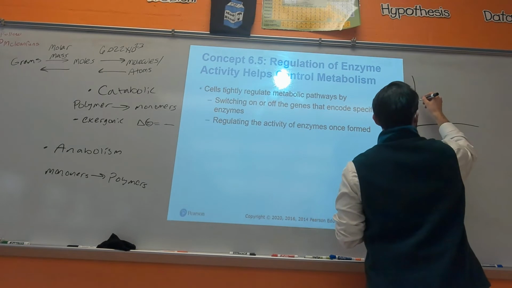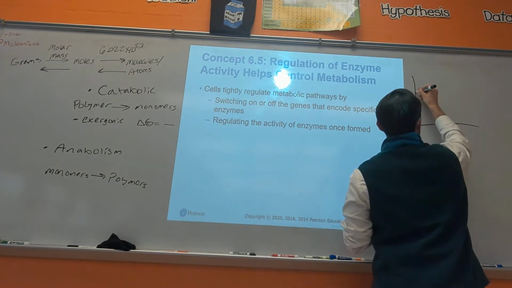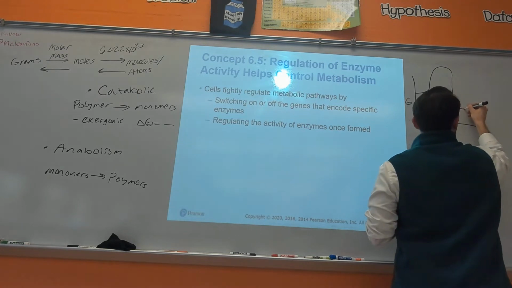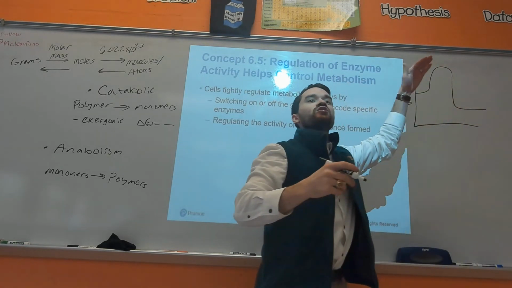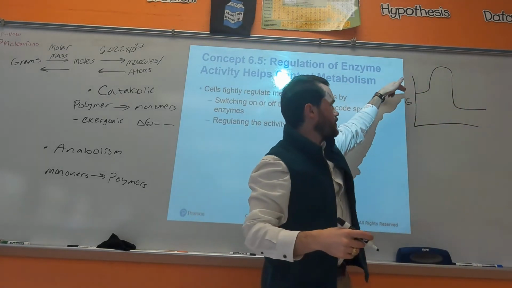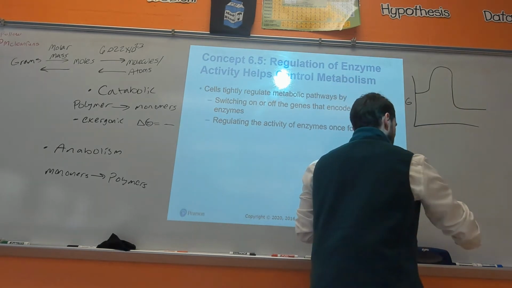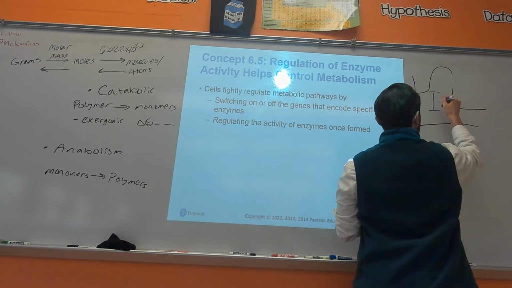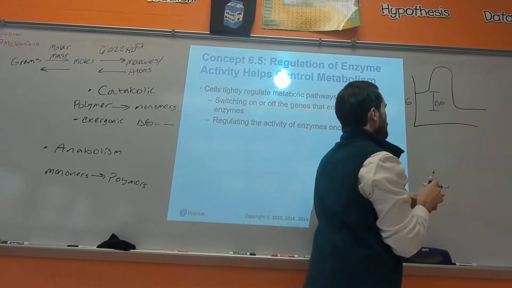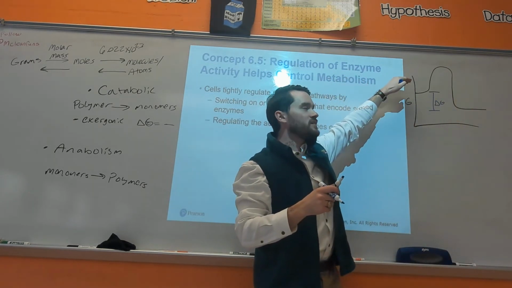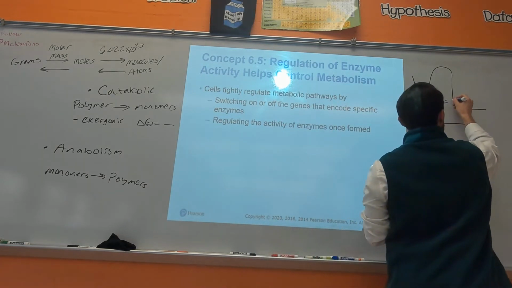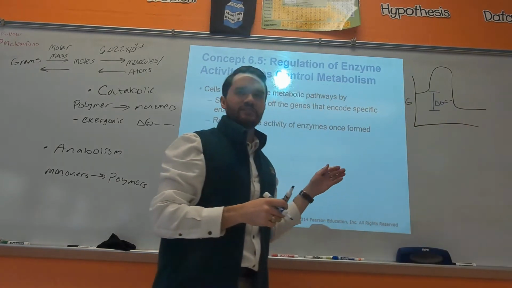In that, the reactants start at a higher free energy. We then have that activation energy, and then the products end at a lower free energy. These are your reactants, those are your products. This right here, that's your delta G. Because we went from higher to lower, that's why it's negative. There's a release of energy. It's a delta G that's negative.